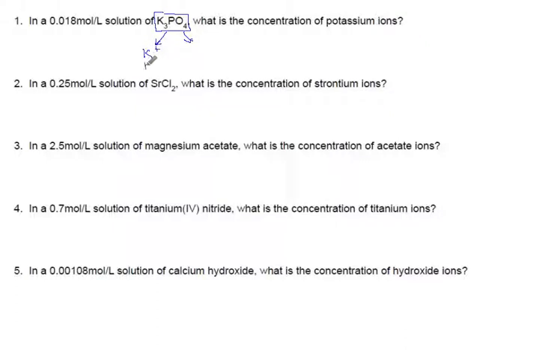3 potassium ions. We write that as K3, but I'm writing it expanded just to make the point, and a single phosphate ion. So what that means is, however much potassium phosphate there was, you're going to end up with 3 times that much potassium.